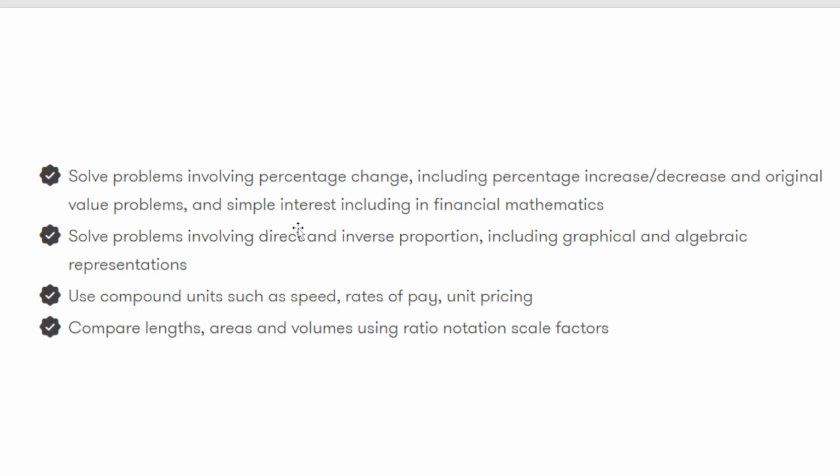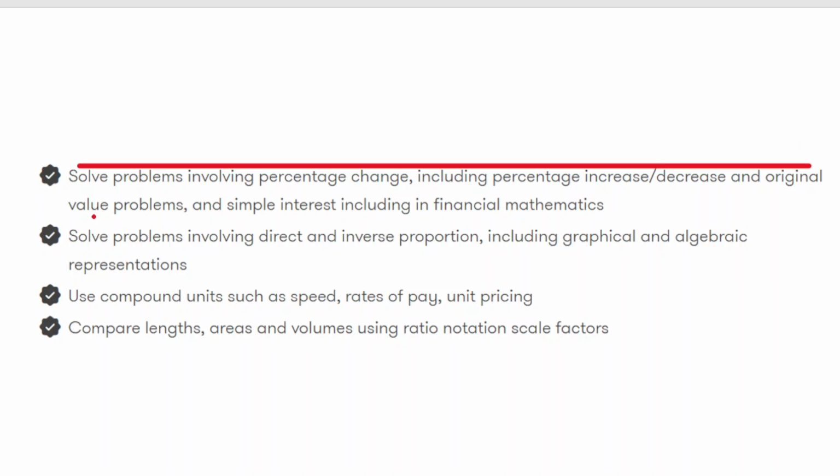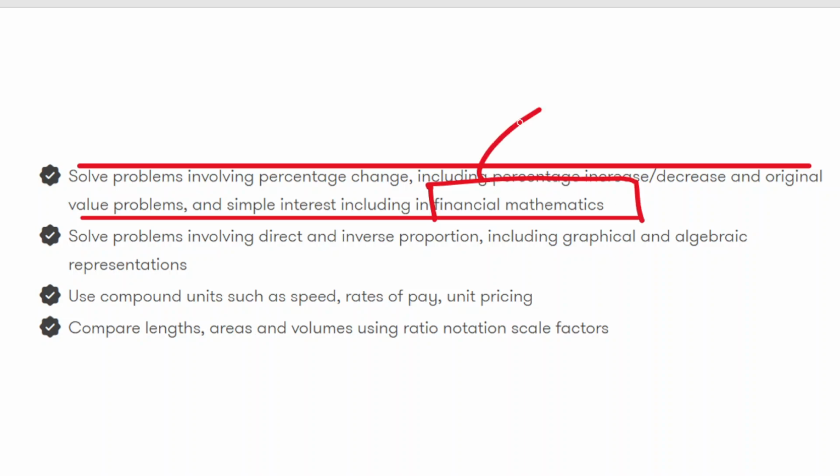Now, solve problems involving percentage change, including percentage increase, decrease, and original value problems, and simple interest, including in financial mathematics. This one, where we learn about SI and CI, the simple interest and compound interest.